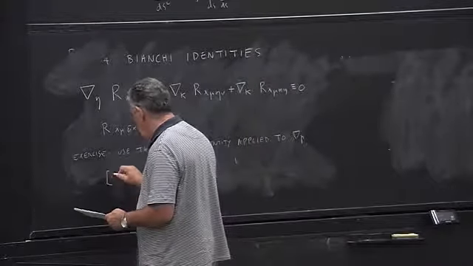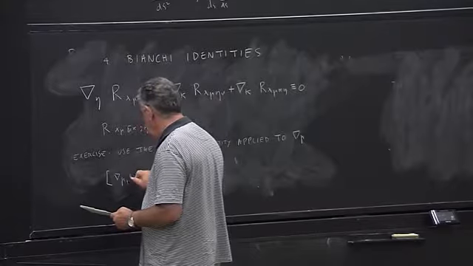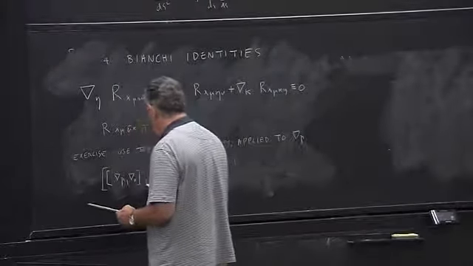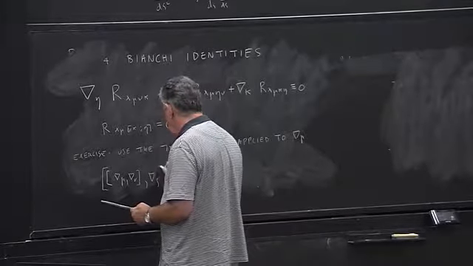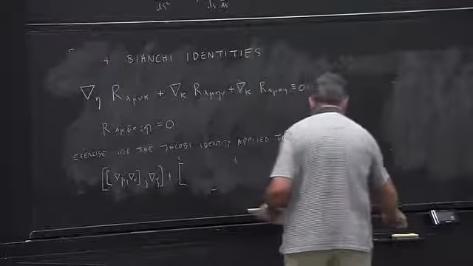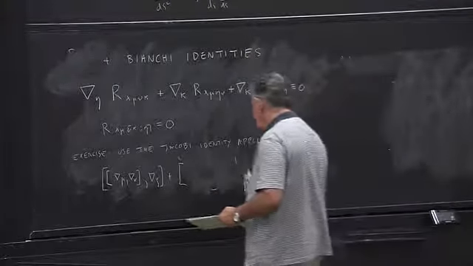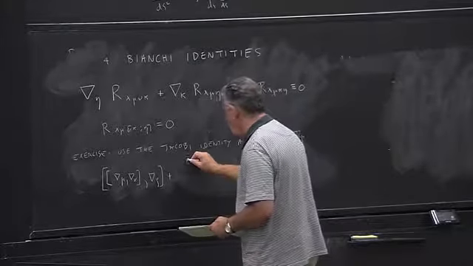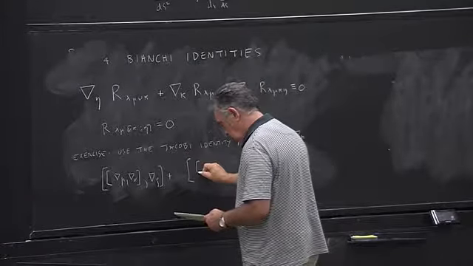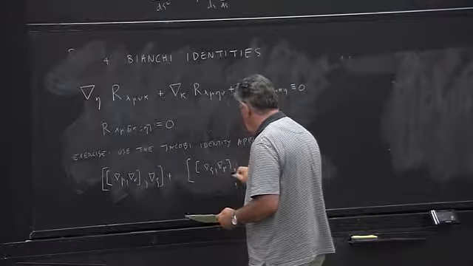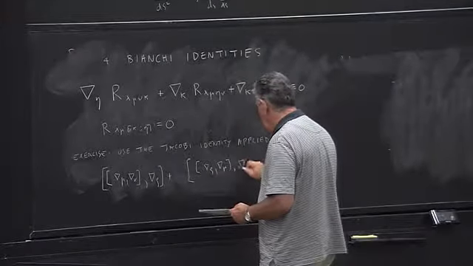It says if you take a commutator of grad mu with grad nu, and then take the commutator of that with grad rho, and then you add cyclic permutations, so this would be grad rho, grad mu, grad nu.